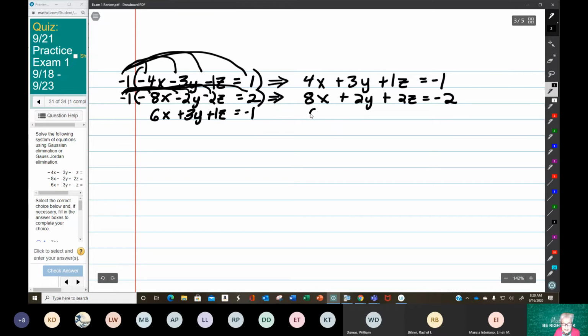And then we'll let line 3 stay the same, 6x plus 3y plus 1z equals, it's already a -1. Now, most of the numbers are positive now, and you're just not as likely to make a mistake.